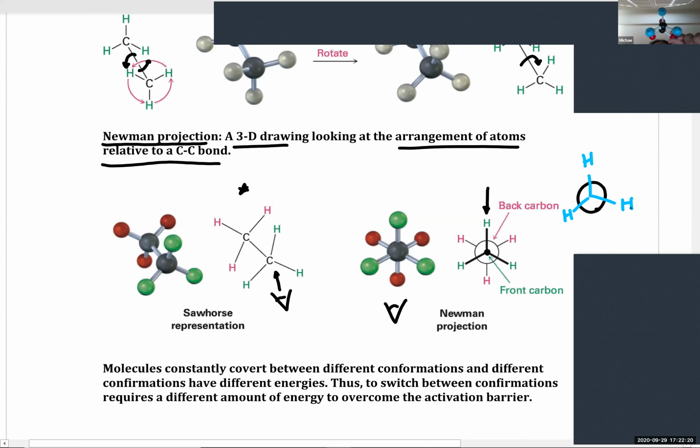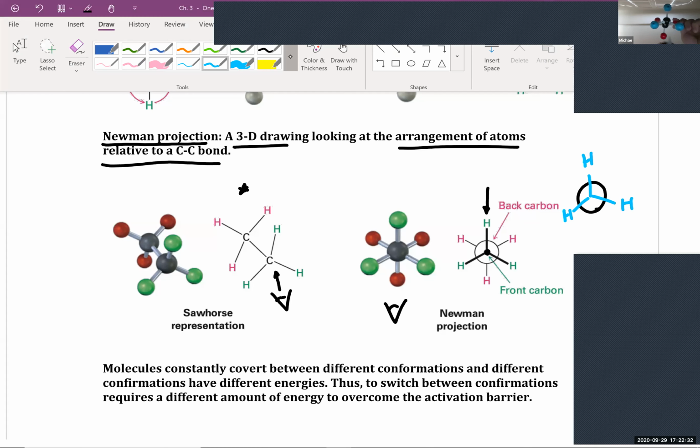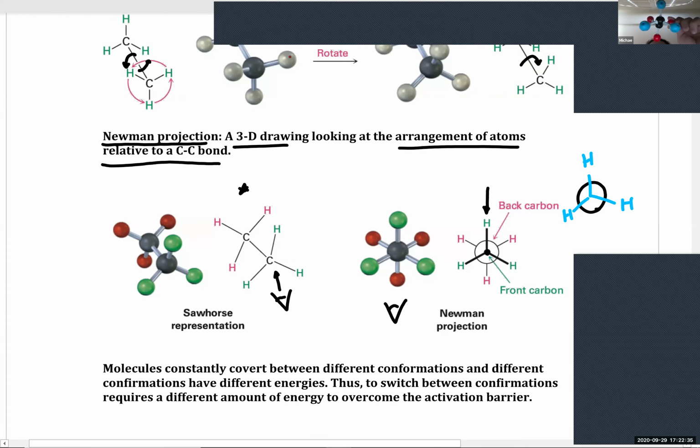Does everyone see that right now? Is everyone following so far? Front substituents attached to our front carbon are drawn in front of our circle. Now, for our back substituents, does everyone notice how we can't actually see our back carbon? Does everyone notice how the back carbon is sort of blocked out of view?